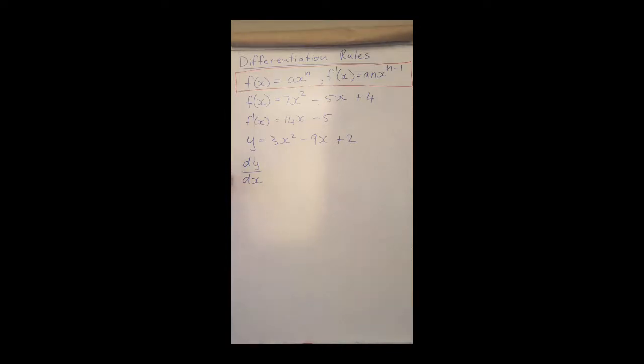The d stands for delta y, delta x, and actually that is the gradient that we've learned so far. So in essence, what this asks us to do is get the gradient of that expression.